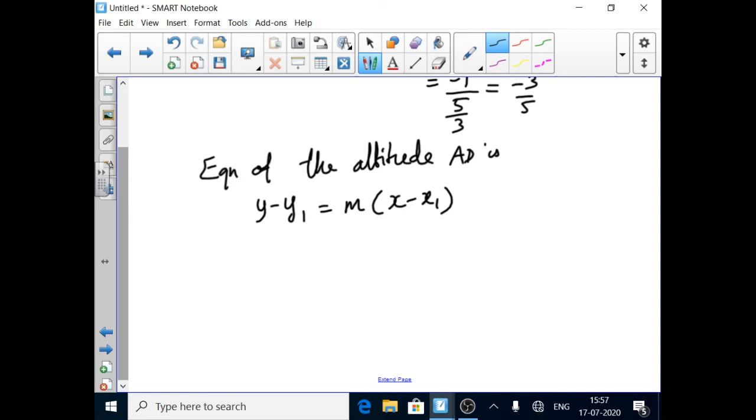The point we should take is point A. So the point of A is (6, 2), right? So take it as x1, y1. So y - 2 is equal to -3/5 (x - 6).